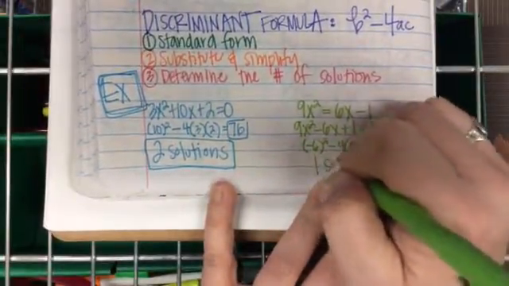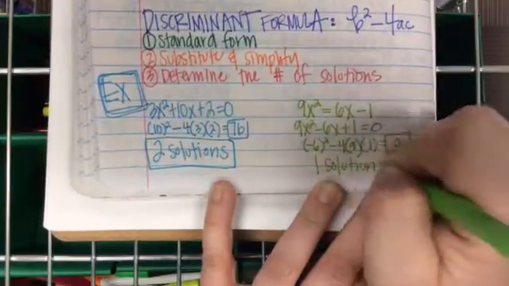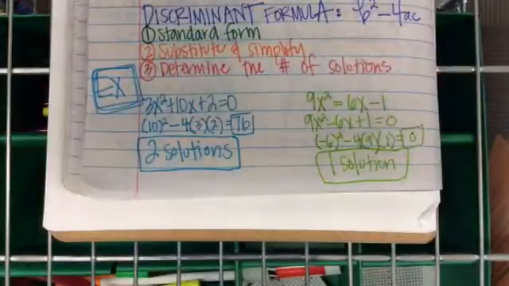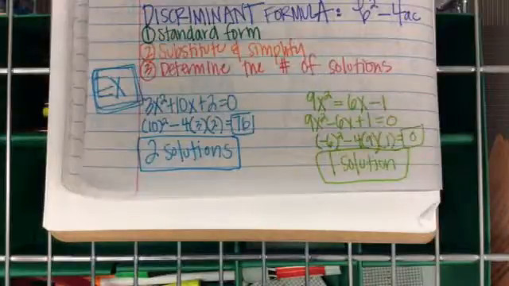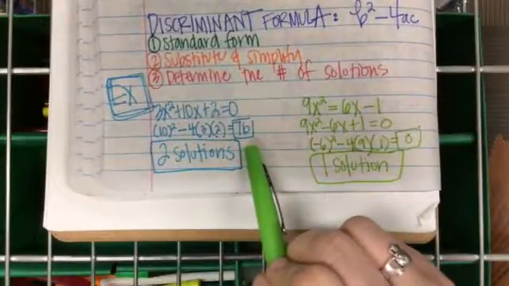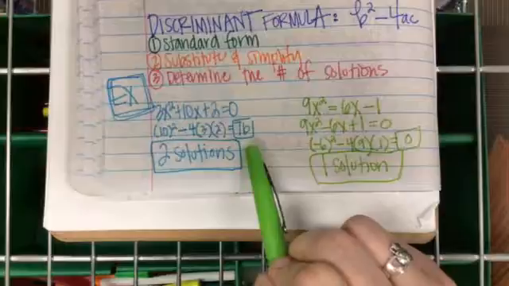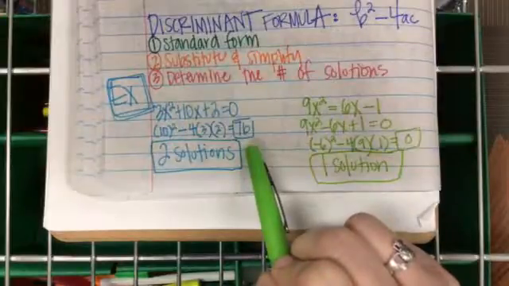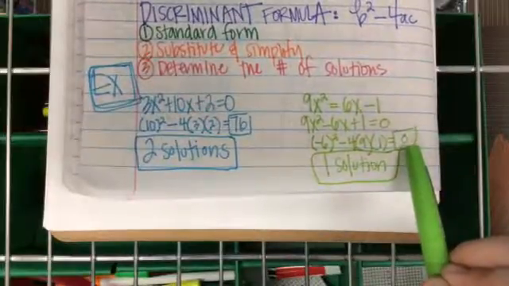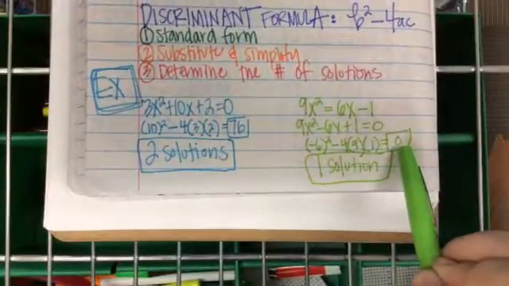So how many solutions are there? 1 solution. What do you think is a common mistake when you get 0 as your answer? You say that there's 0 solution, so no solution, right? No. And here's why. Could you find the square root of 76? How many answers are there to the square root of 76? 2. There's a positive solution and a negative solution, correct? Can you find the square root of 0? Yeah.